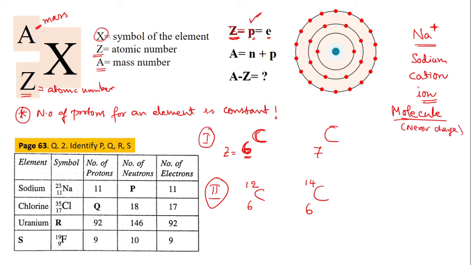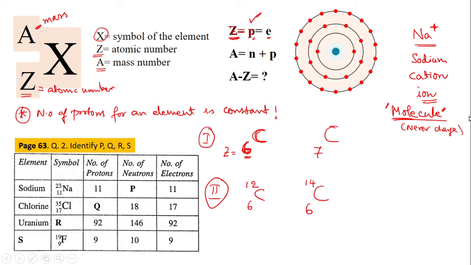A molecule is always stable. Is it true or false? True. Molecule is always stable. If you say this molecule is unstable, it is a wrong statement. Molecule means stable. An atom can be stable or unstable.